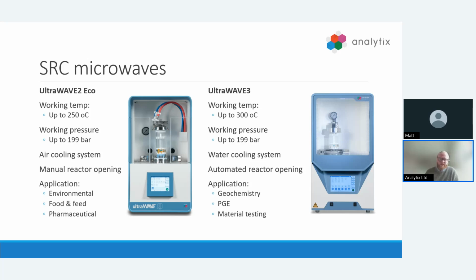This system is air cooled as opposed to water cooled, and also the reactor is manually operated, so manually opening and closing. And what this does is offer labs that improvement to productivity, performance, usability, and safety gain through the single reactor chamber technology at a much more accessible price point.